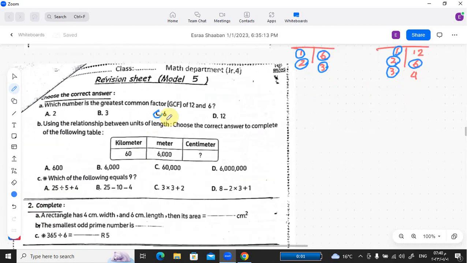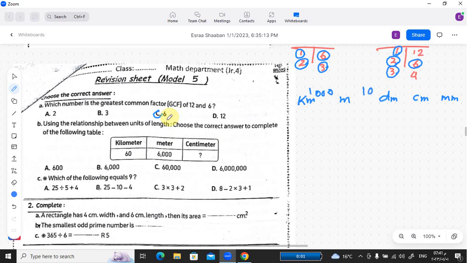Using the relationship between units of length, choose the correct answer to complete the following. I need to complete from kilometer. We have to write first kilometer, meter, then centi, milli. Here 3 zeros because it's 1000.